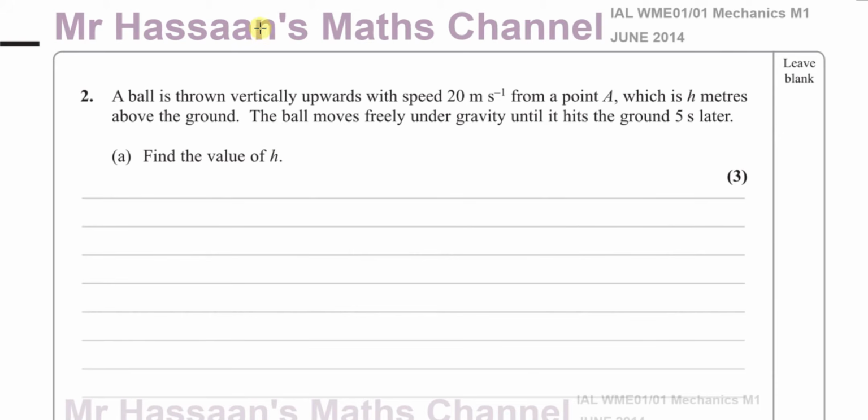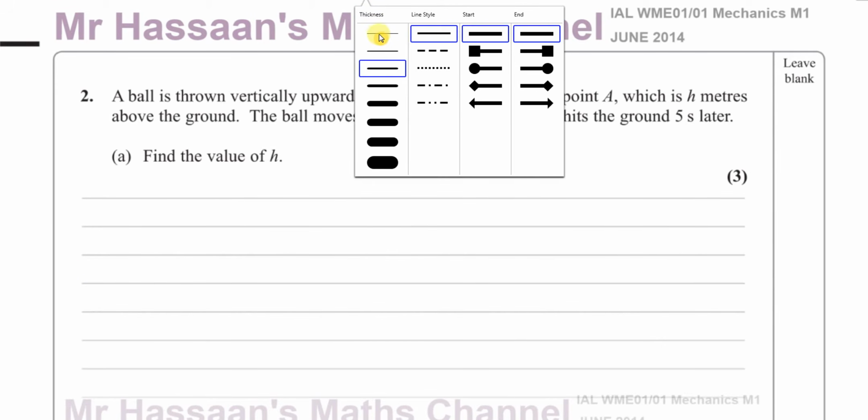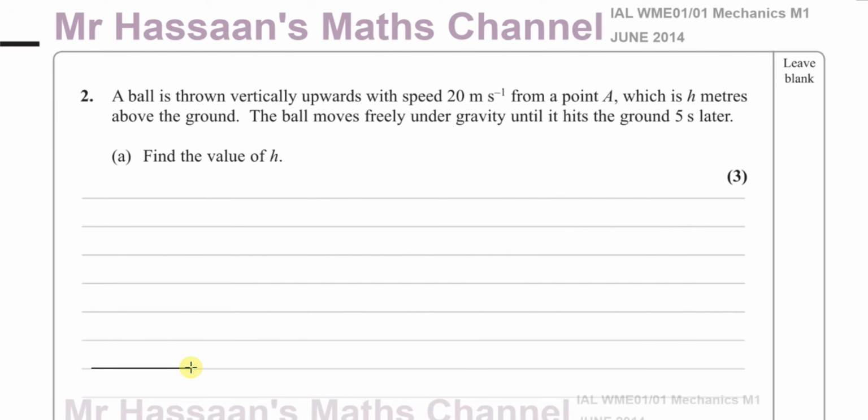So you've got a situation where there's a point A, which is somewhere above the ground. Say this is the ground over here. You have a point A above the ground, like a little platform here above the ground. That's where the point A is.